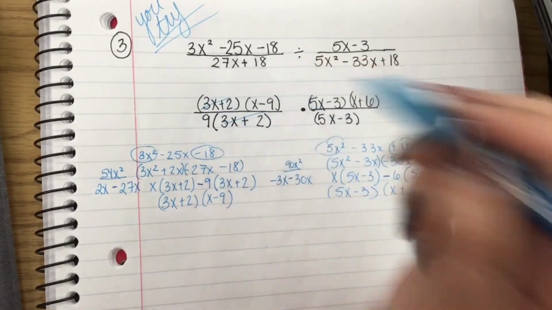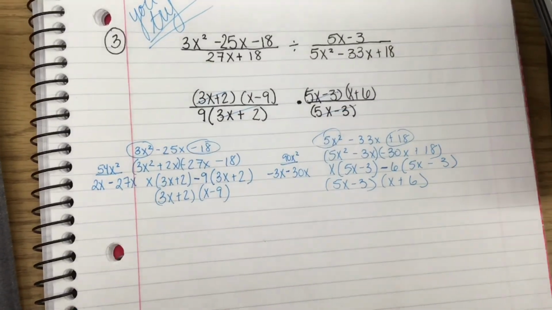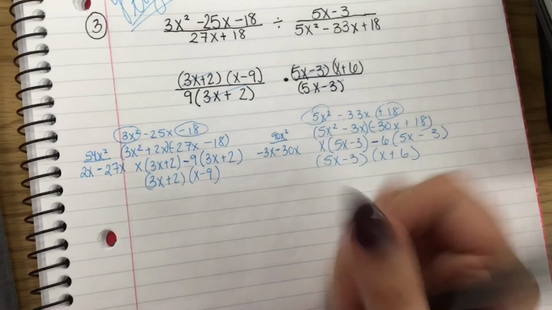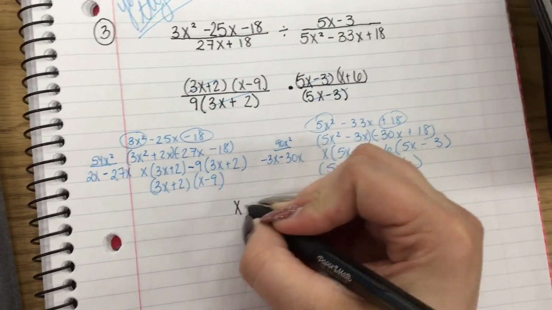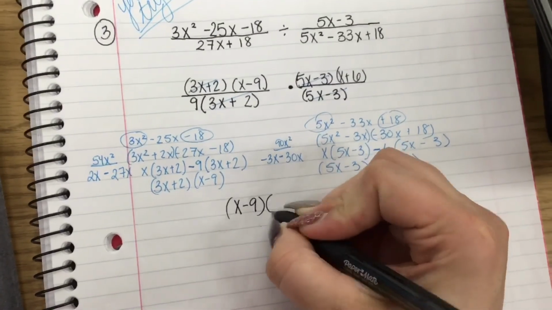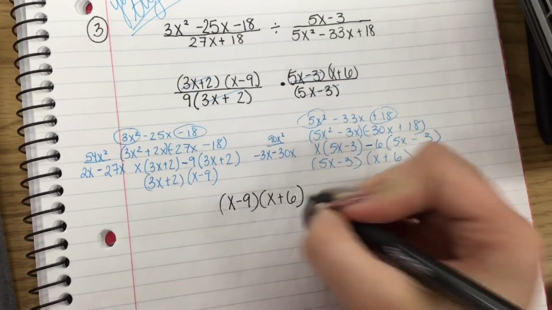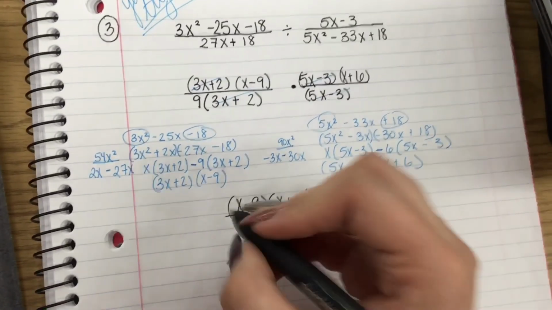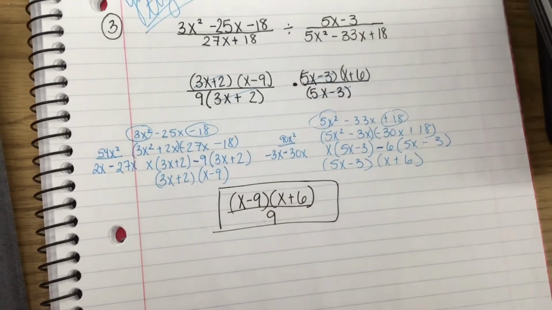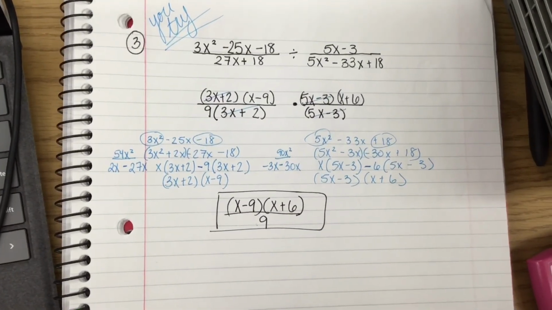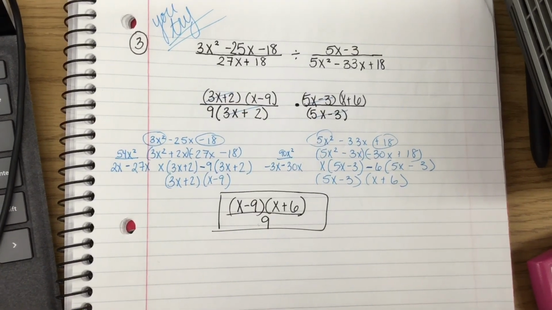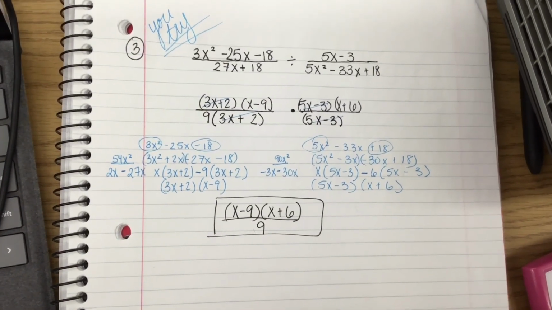Now you can start canceling like quantities, and you write down what's left over, which is x minus 9 times x plus 6 in the numerator and a 9 in the denominator. You cannot cancel out those 9s. Okay, that is x minus 9 over 9. You cannot cancel that. They are not the same exact term.